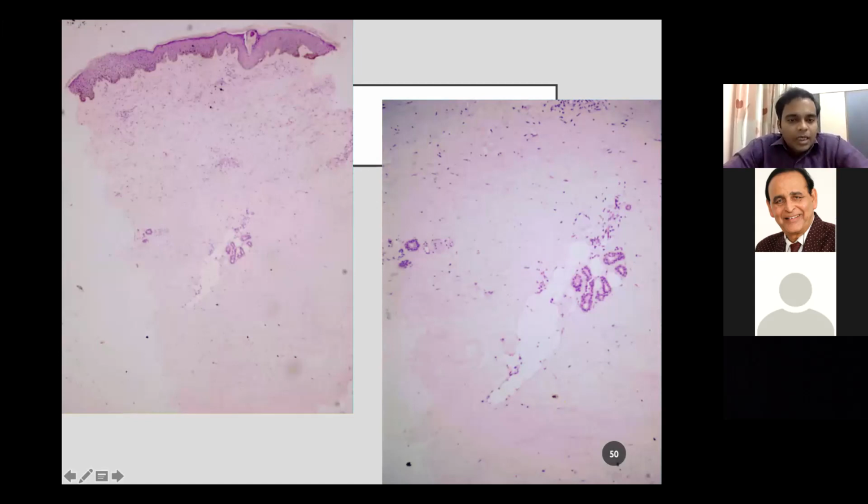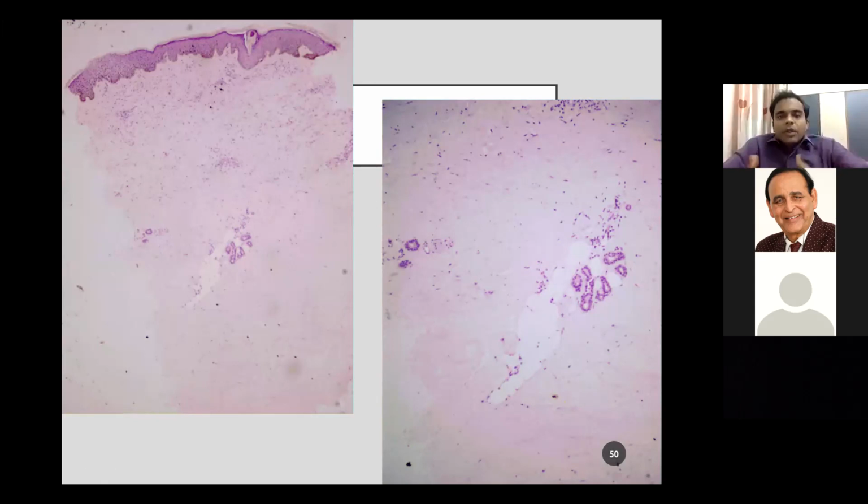No activity, no sclerosis per se. Actually, these images are not very clear, but there was not much sclerosis here. And even if you expect, in a sclerosing disorder like morphea, you will expect inflammation to be deeper, deep situated, but it was superficial. So without seeing the patient, this is our impression, we are nowhere.